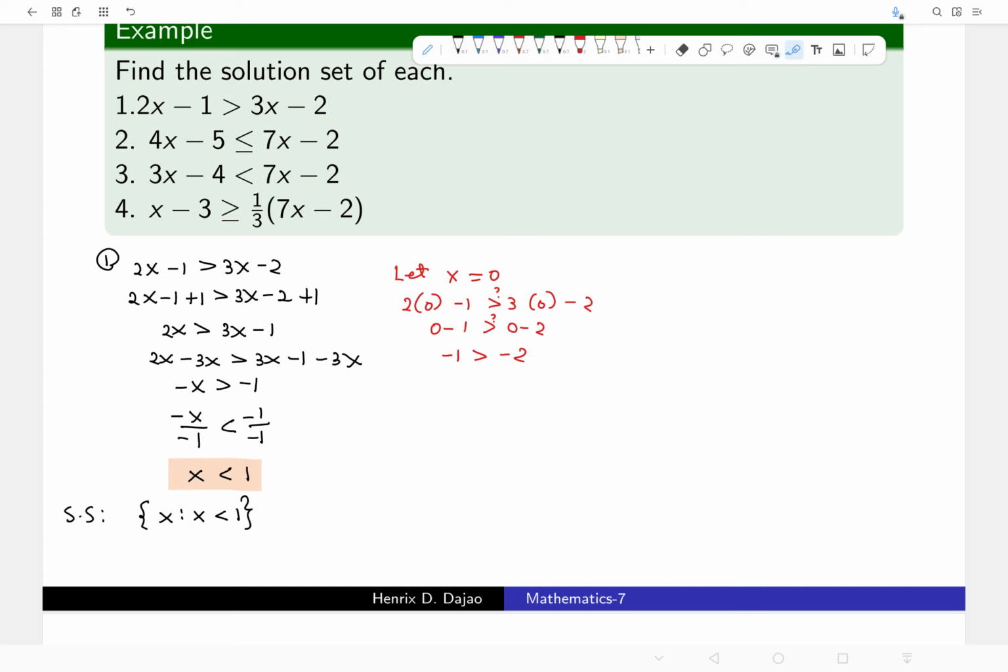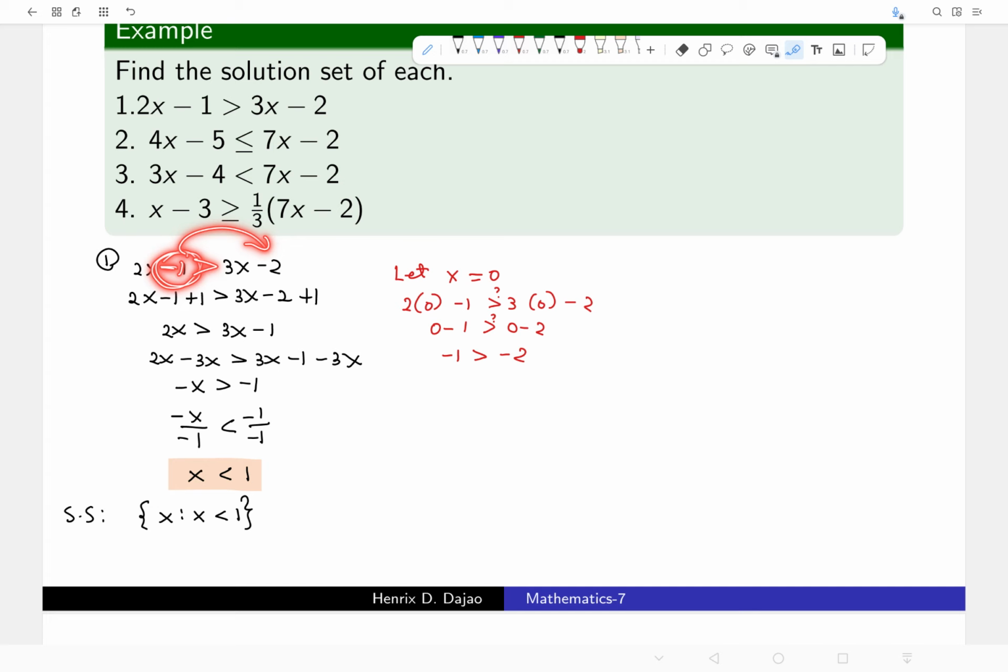Before we go to example number 2, take note of this. Transposition also works for solving linear inequalities. Do you still remember the transposition? Instead of adding or subtracting both sides of the inequality, to make our solutions less complicated, in transposition, you already knew that if you transfer a term to the other side of our inequality, the sign will change.